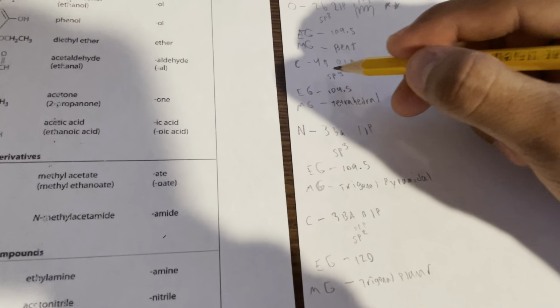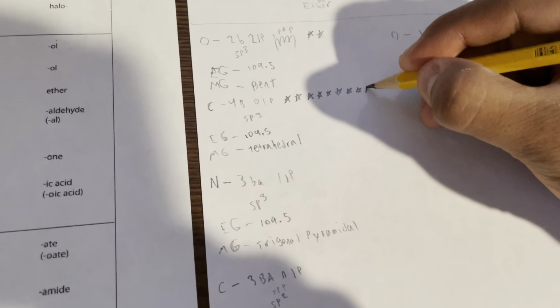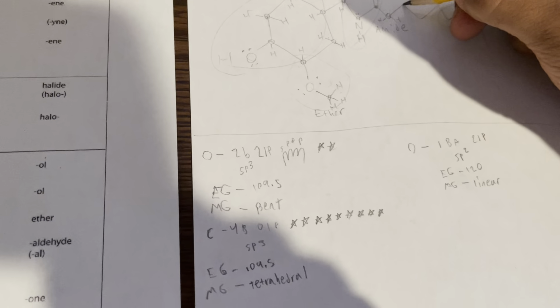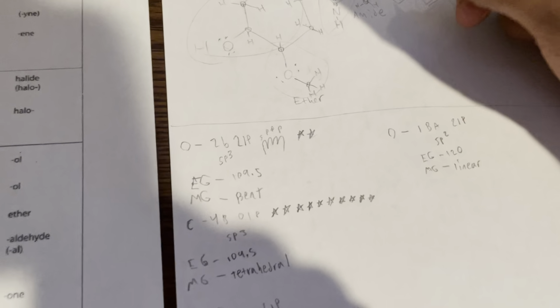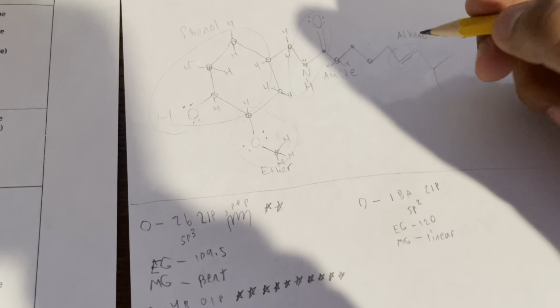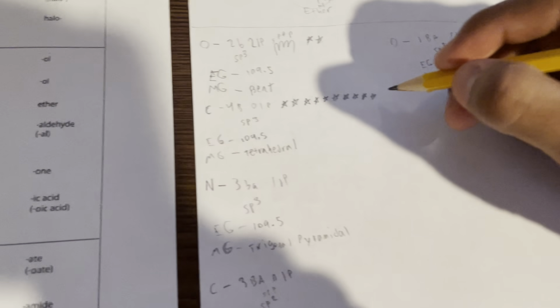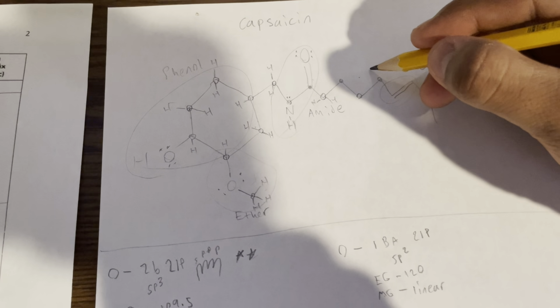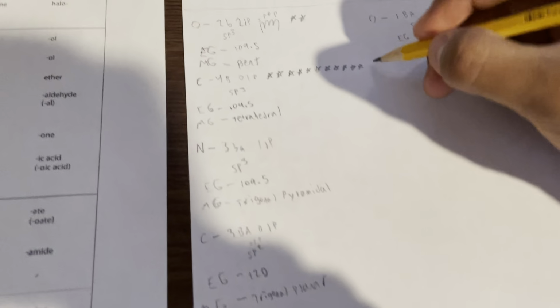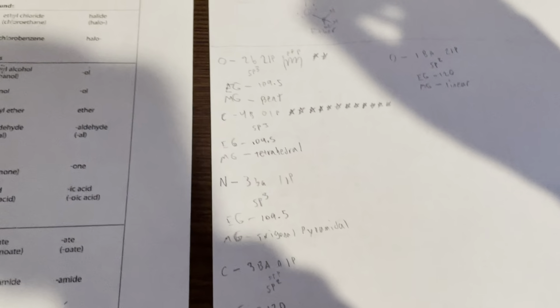It's going to be the same as this one over here because it has 4 bonds, 0 lone pairs, so we're going to add another star. This is going to be the same thing, so we're going to add another star. This one is also going to be the same, so we got another star. This one is also going to be the same, 2 bonded atoms and hydrogen bonds, so that's also going to be another star over here.